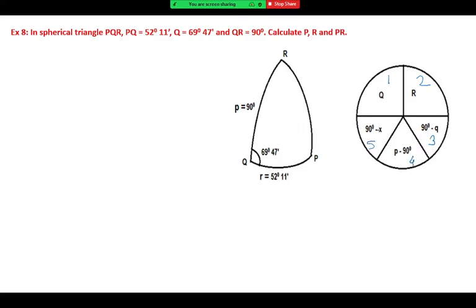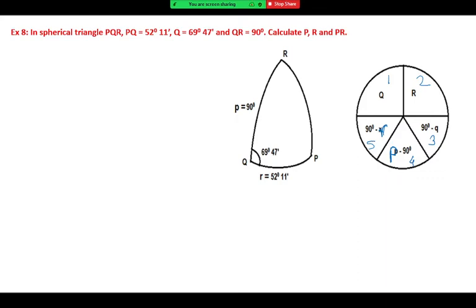In part 5, here X is by mistake written. It should be 90 minus small r, and this is 90 minus small q, and it is capital P minus 90. You should not confuse between capital and small. So that way our Napier circle will look.